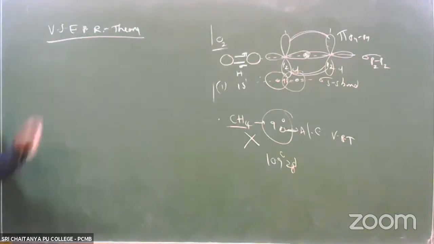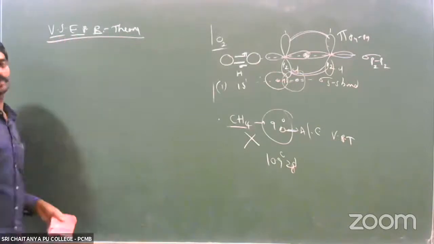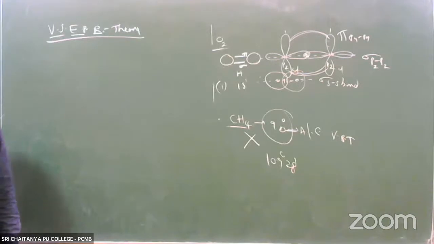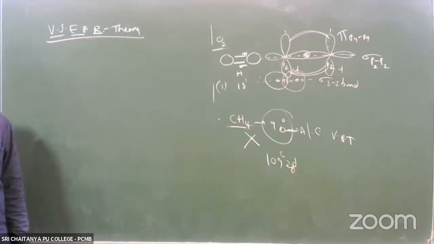What is VSEPR theory? Valence shell electron pair repulsion theory. This theory is proposed for what purpose? To explain the geometrical shape and bond angle of some of the covalent molecules. How?